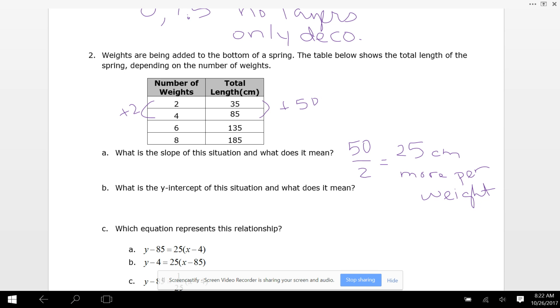Okay, and the y-intercept is, if I go back to, what happens? If I added a 0, that's interesting. Okay, so if I go back this way, then I have to go back 50, which is going to give me a negative length, which is kind of weird. It's going to be like a negative 15.